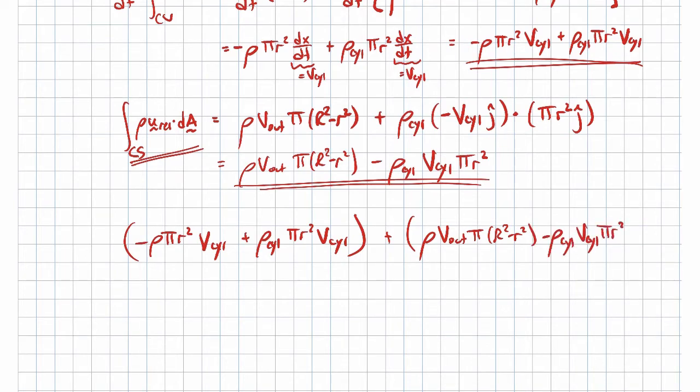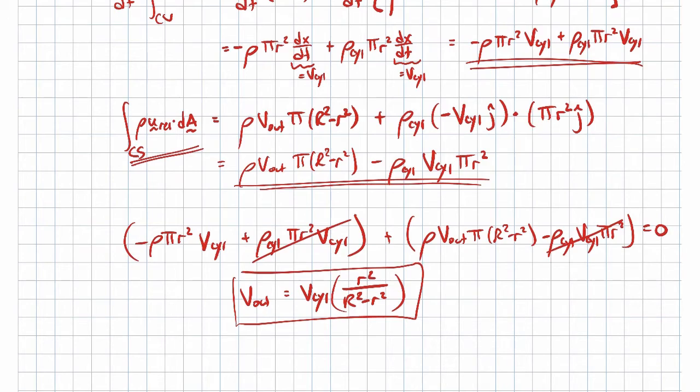And what you've probably already seen here is that this term will cancel out with that term. And what we're left with in the end is V out will still be V cylinder times little r squared over capital R squared minus little r squared, which is exactly the same result that we had previously.